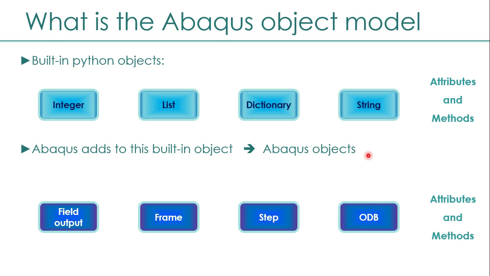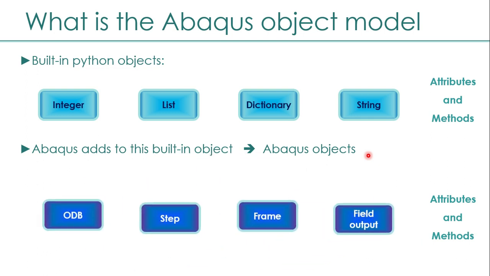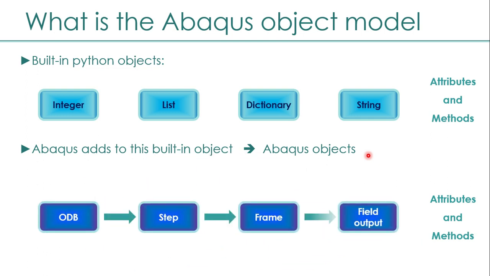There is some hierarchy that you have to follow. For example, in this case, if you want some particular field output, then you have to specifically say that you want the field output from a particular ODB, and from that ODB you want the field output for a particular step, and from that step you want the field output for a particular frame. So you can see there is some hierarchical order. You cannot directly access a particular object.